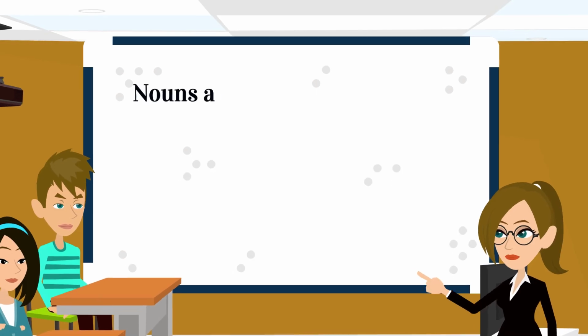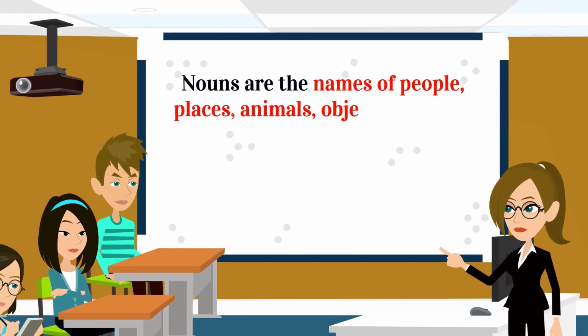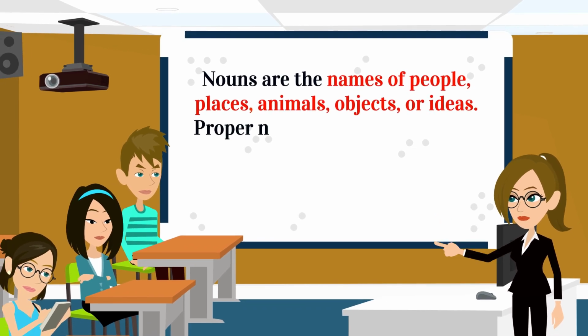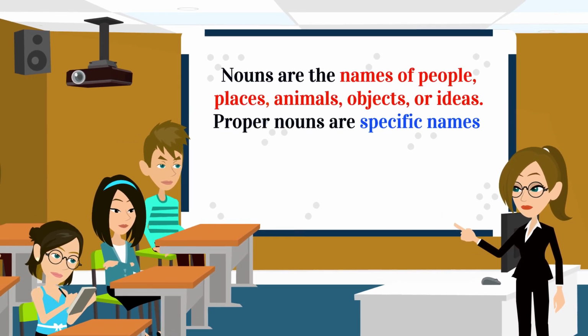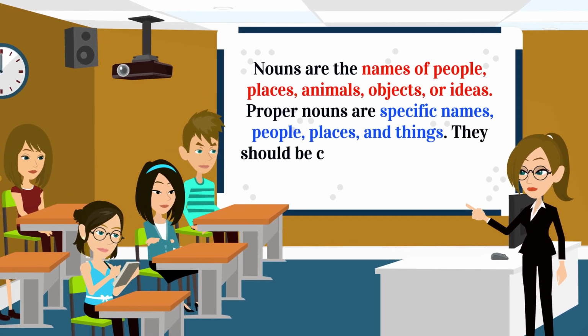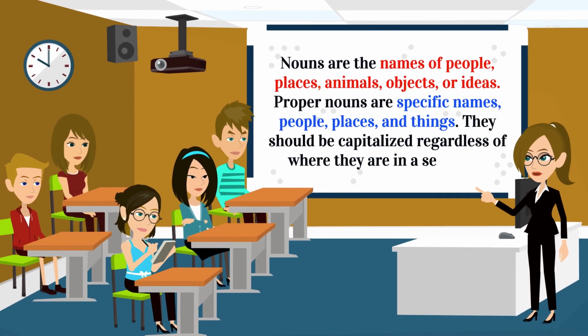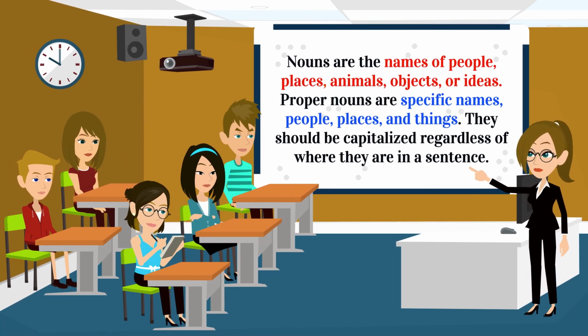Nouns. Nouns are the names of people, places, animals, objects, or ideas. Proper nouns are specific names, people, places, and things. They should be capitalized regardless of where they are in a sentence.